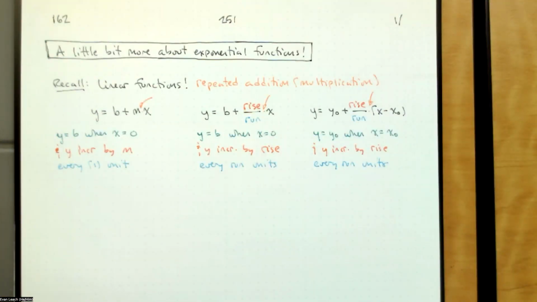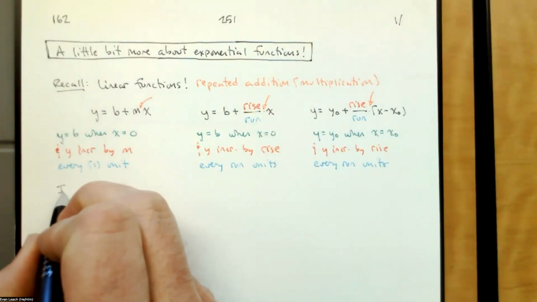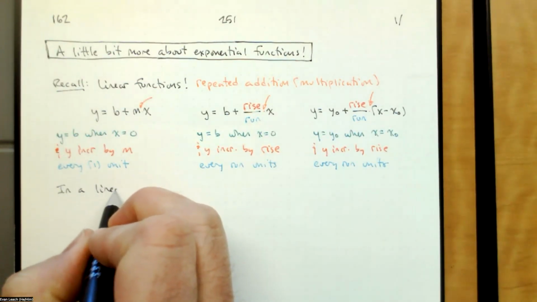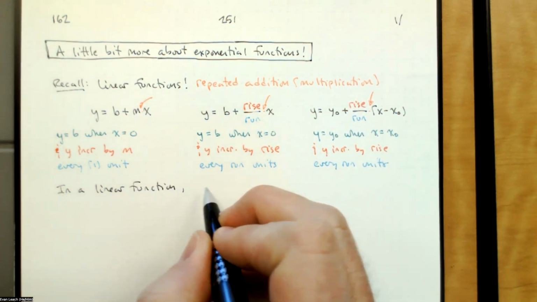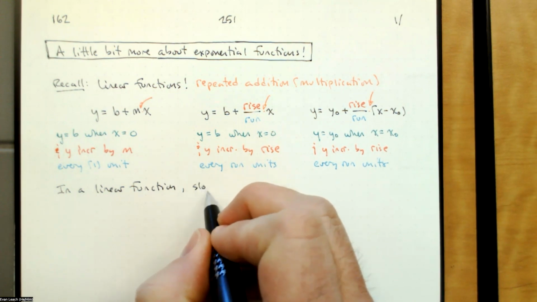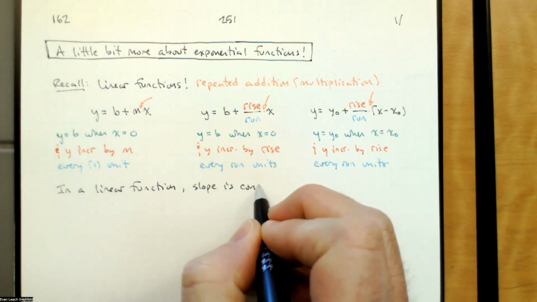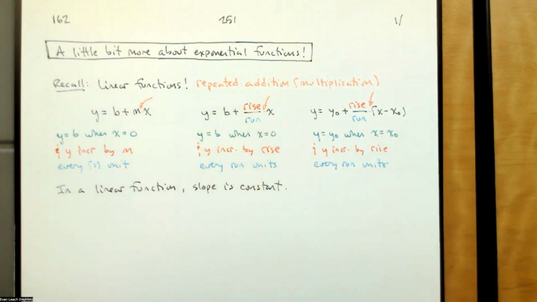The reason that we like this is that it's really easy to scale because we're dealing with the proportion. In a linear function, the rate of change is constant, so the ratio of the rise to the run is constant. The slope is constant, and the slope is just the ratio of the rise to the run.